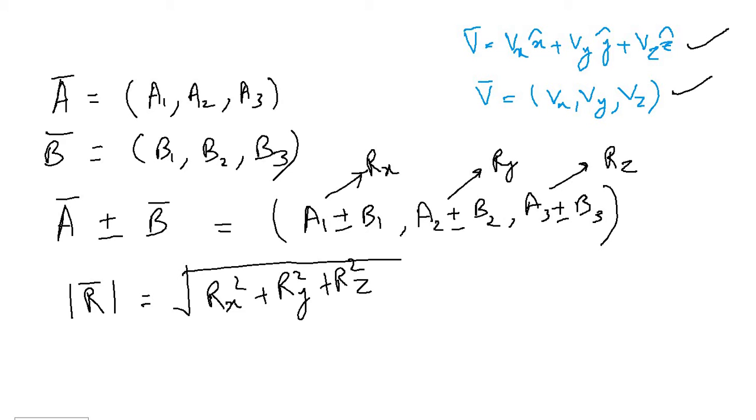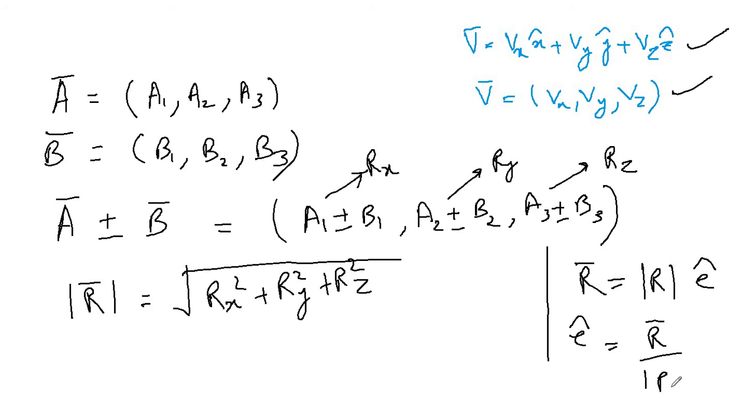And if you want to find out the direction of this vector, then you should know that a vector is given by, suppose we have r vector, then the r vector is given by magnitude of r times the direction. Suppose I call it e cap. So to find out the direction, what you need to do is simply divide the r vector by r magnitude, and when we do that, we get the direction.